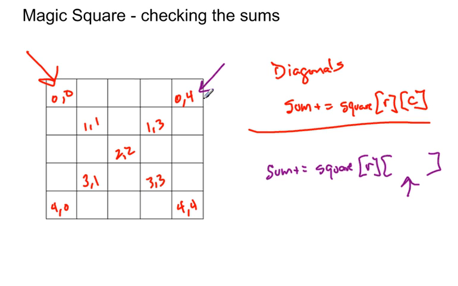It goes 4, 3, 2, 1, 0, so I can take the dimension minus 1 minus R. Our dim is 5, 5 minus 1 is 4, and 4 minus R here is 0. And here, 4 minus 3 is 1, 4 minus 2 is 2, and so forth. So there's that formula for what I'm going to add.